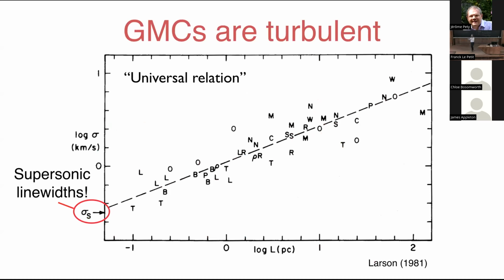And just a very brief overview of some of the differences between clouds and cores, which is what I would like to study at some point, is that even in the 80s, once they started to do the first observations of molecular lines of CO, they started to see that whenever they looked at some clouds and they measured the line width and they estimated the size of the region that they were observing, they saw this very interesting pseudo-universal relation of line width as a function of scale.